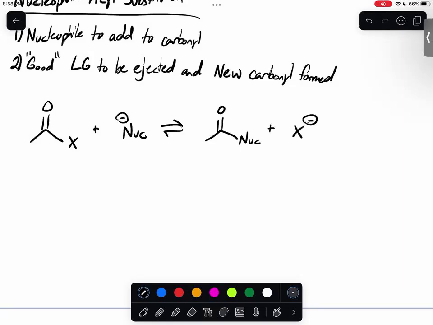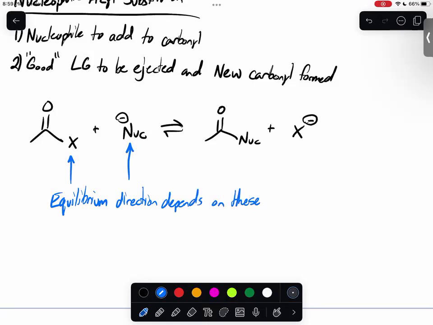And you can imagine that just like I was talking about above, equilibrium direction relies on what the identity of the nucleophile and X is. So it entirely depends on these. So, thinking about that, we can look at some functional groups and what types of leaving groups they should have.